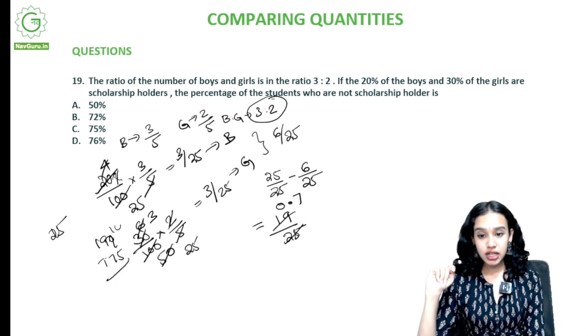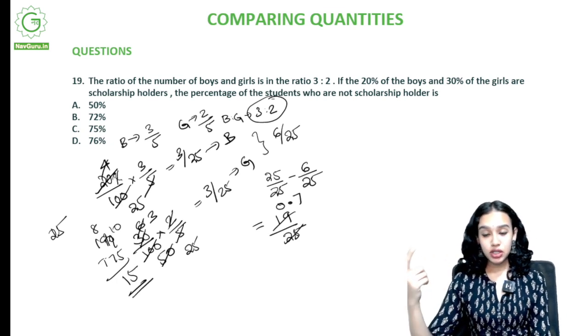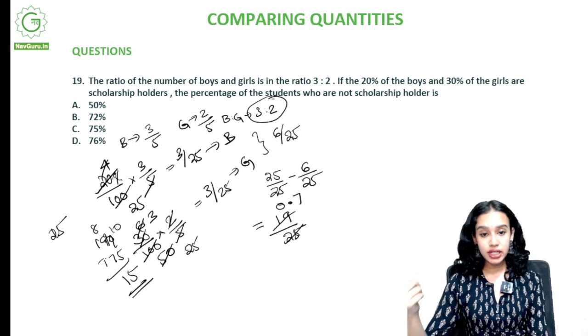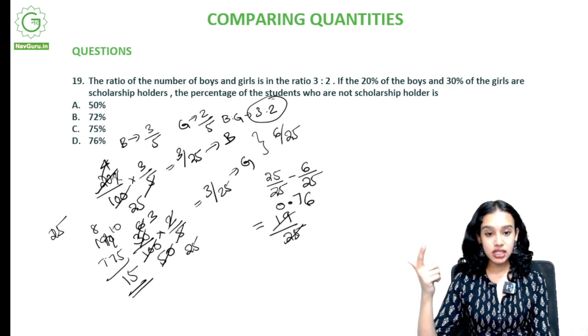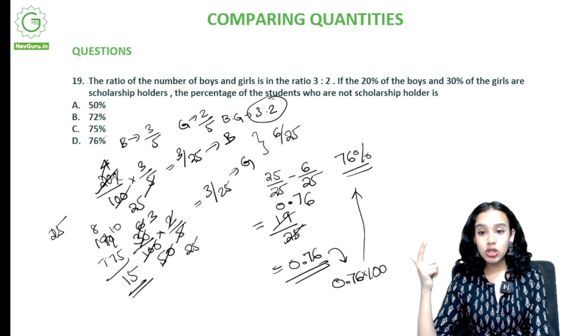So let's subtract it. We get 15 and 150. Let's see, 25 into 5 is 125 and 25 into 6 is 150. This means that 0.76. Now convert it into percentage, we get 0.76 into 100, which means 76% of the students are not scholarship holders.